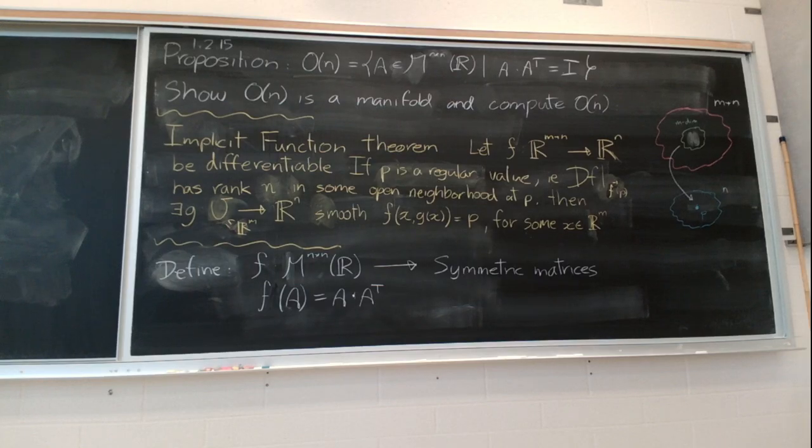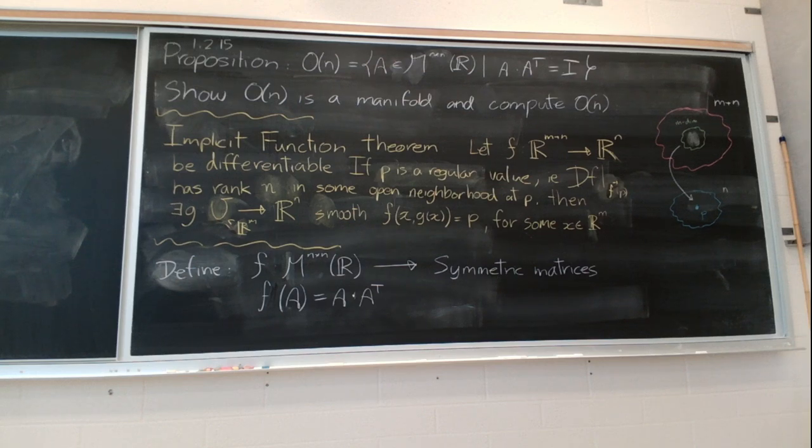P is the identity, right? We take some symmetric matrix, and if it ends up being A times A transpose is the identity, when you look at all the functions that go into that, it's some m dimension. Wouldn't that mean for any P that it's always that dimension? Yes, for anything it will always be that.